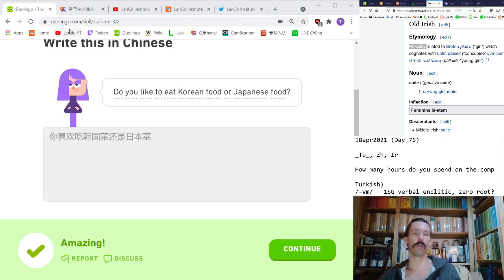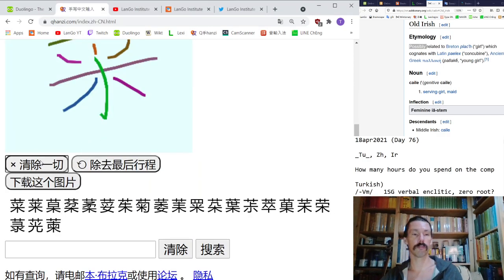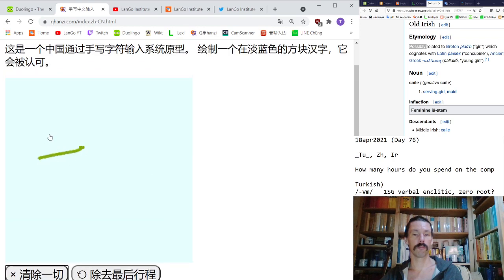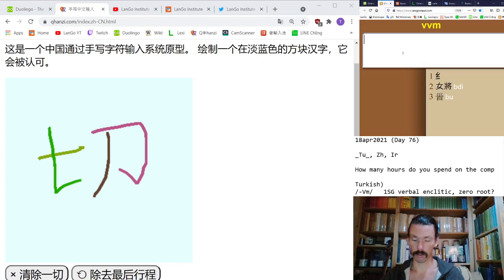So the stroke order there would be 7 shape is P in CJ input, then S, H. PSH writes that. There we go. 切切.